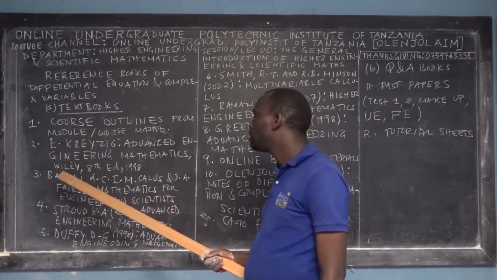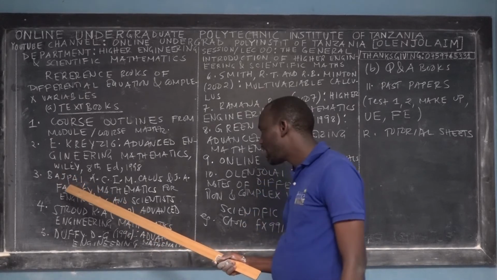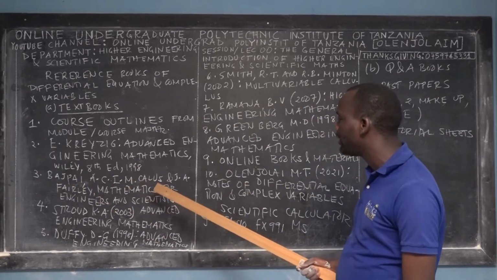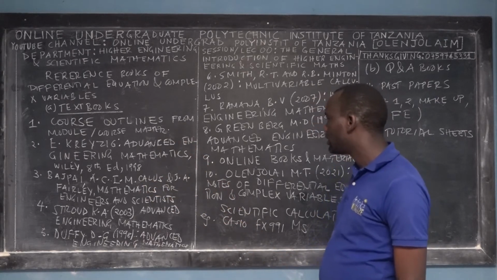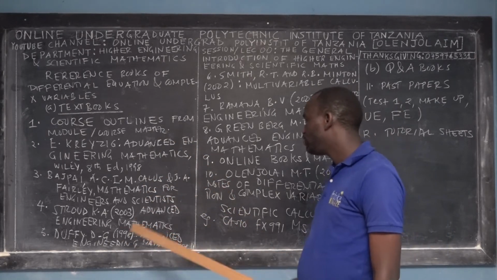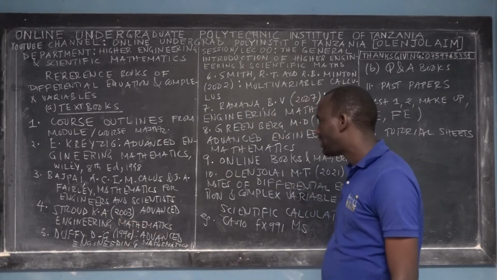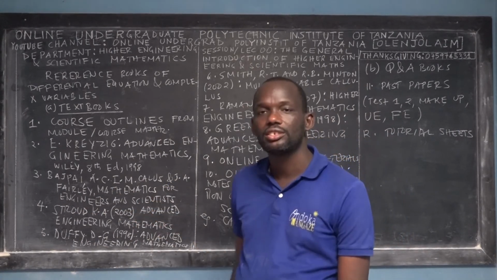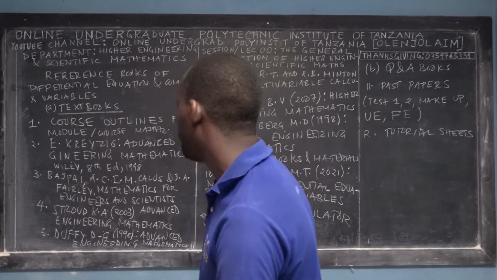Also, the next books you can refer to are Bajpai, Calus and Farley, Mathematics for Engineers and Scientists. Very important book for your life.